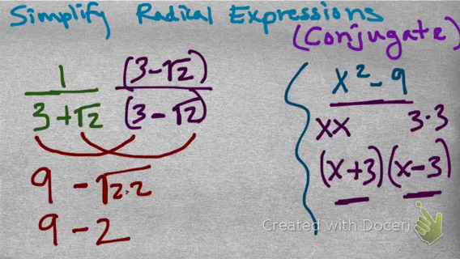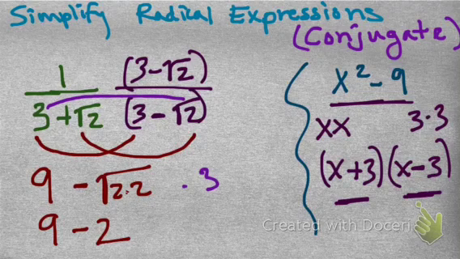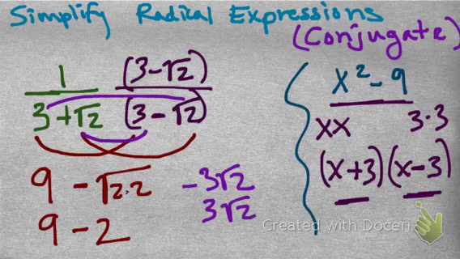And I could multiply the other and do the middle terms if you want, so my 3 went to my 3, but my 3 also has to go to the negative square root of 2, so that would be negative 3 square root of 2, and the square root of 2 went to the 3 too, but notice that it's positive this time, and so they just disappear.